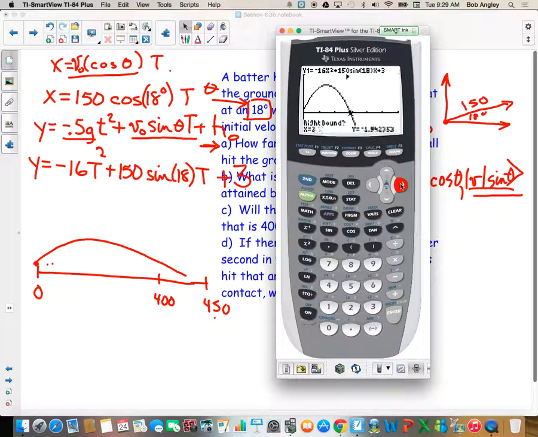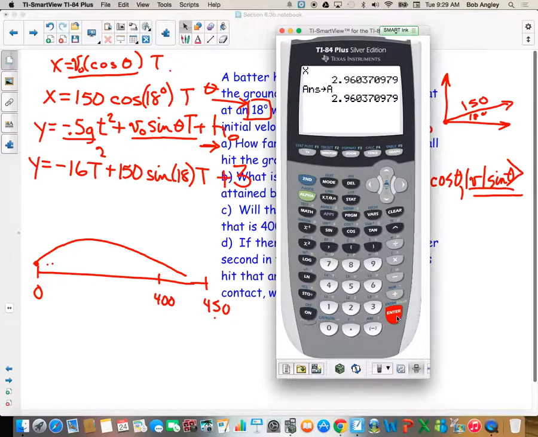We want to get to the right of where it's 0, which will be there, and then we don't guess, we just get this number. Now we want to save that x value. Go second quit, then type an x and press enter. So we see that we have it. Now go store, alpha A, and press enter, and it gives you that number.